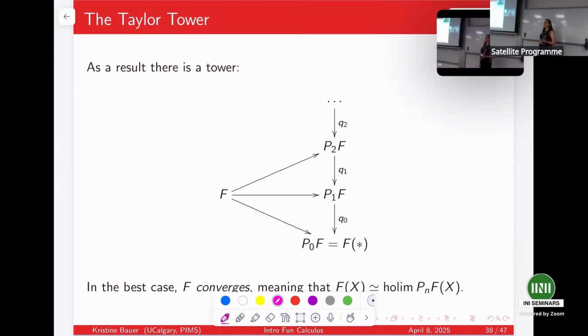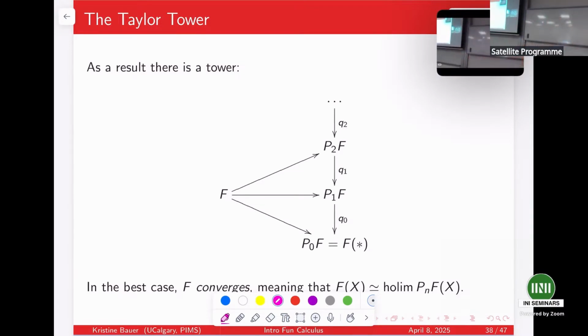It turns out this tower has lots of interesting things in it, even when it doesn't converge. But if it does converge, what we just did was take a functor and figure out a way to approximate it by functors that are determined by their value on n points. That's often simpler to compute than whatever the F was that I started with. And so that's the idea of why we do calculus to begin with.